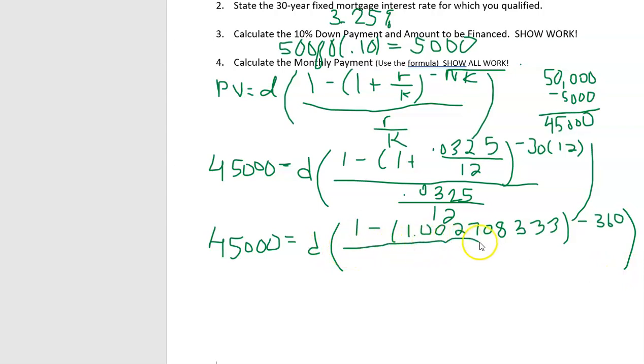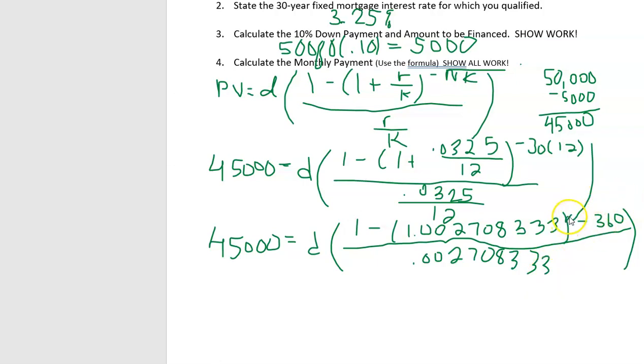Now we can also do the bottom, because this calculation on the bottom is this right here without the 1 on it. So it's 0.00270833. And let's remember, this is an exponent.